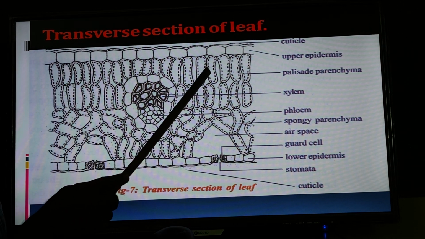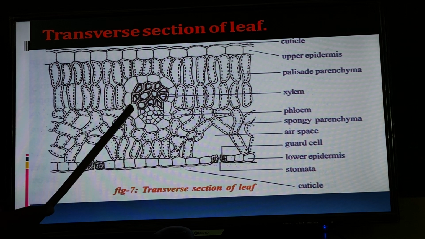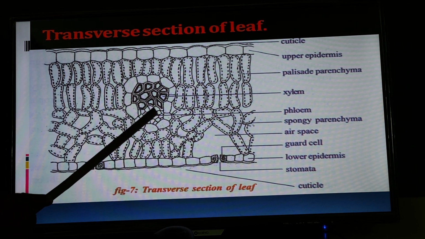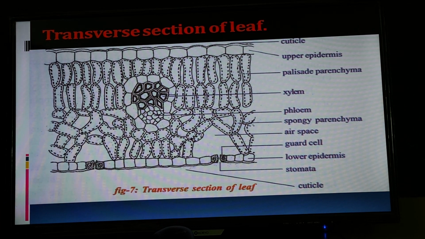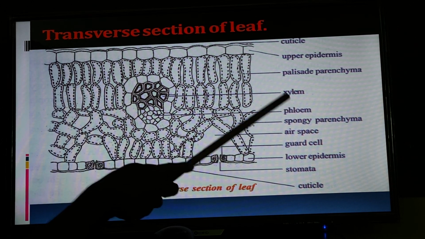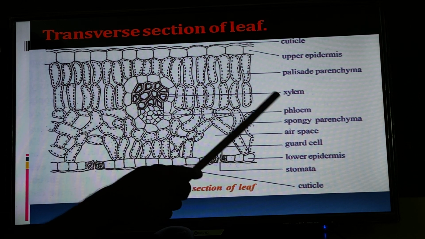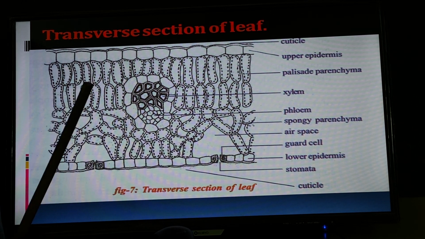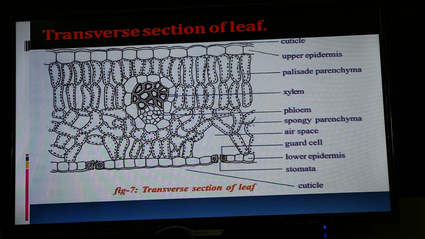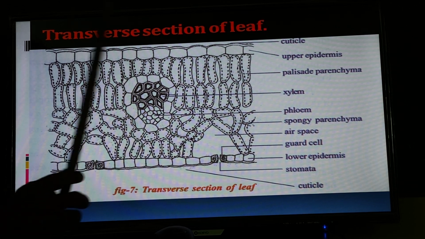In between the palisade and spongy parenchyma, we can find a vascular tissue. Already we learned about vascular tissue in 9th class. The tissue which is helpful for transportation, xylem and phloem, both united together, is called vascular tissue, simply called vascular bundle. Vascular means transport.